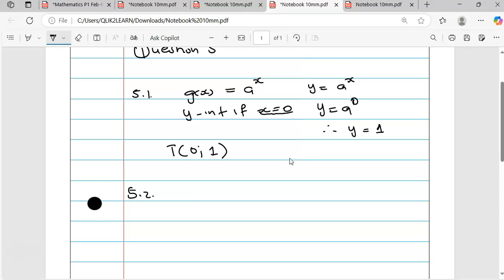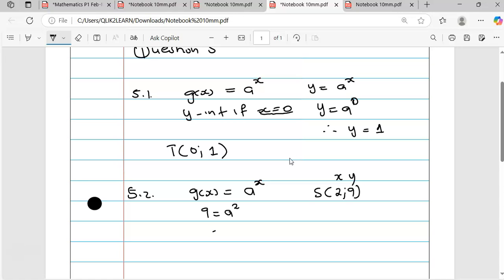We know that g at x is equal to a to the x. We need to find the value of a, and we can substitute the point S. And S was given as (2, 9). So this is your x, this is your y. Where there's y, you put 9, which is equal to a, where there's x, you put 2.